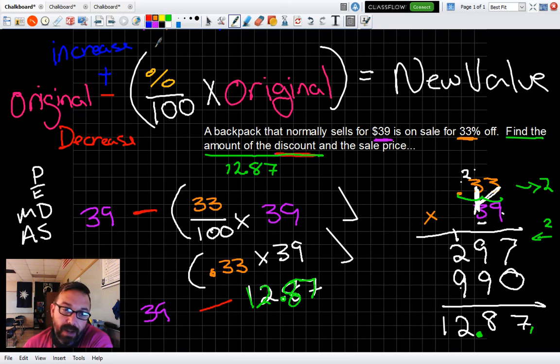Let's do that in orange. To find the sales price, I actually have to subtract that discount from it. And that's what you're seeing in this formula. Okay, I've included the original and subtracting that new price.